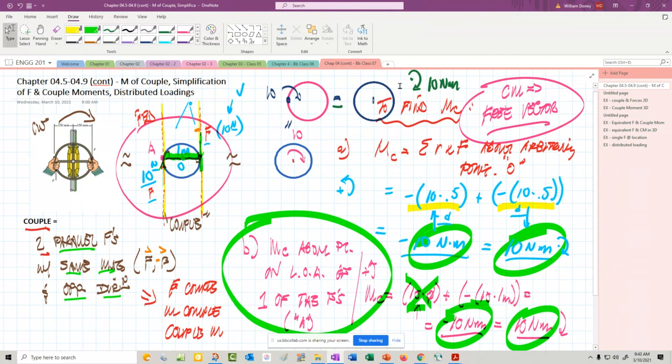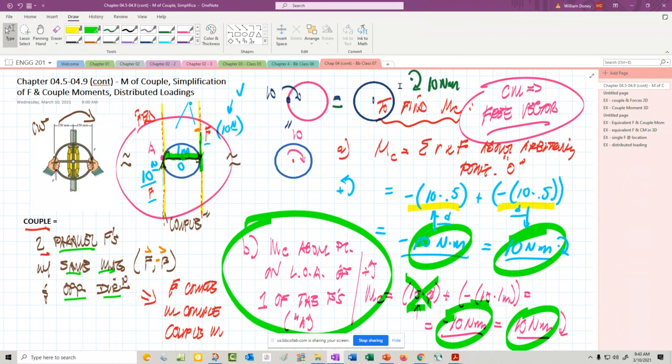Since it's a free vector, I'm never going to take a moment times a distance. I don't have to cross it with anything, not like with a force. The force, it matters where it is location-wise. So we need a distance or position vector to a point or axis or a line. With a moment, we're not going to cross it or multiply it with any distance.